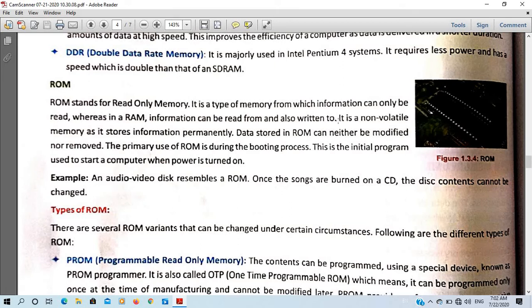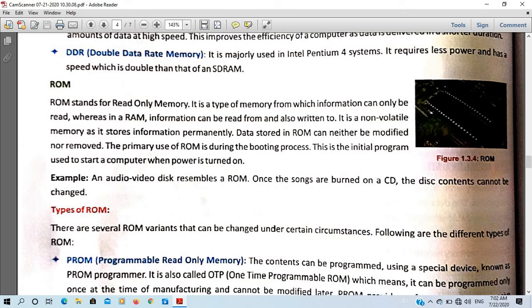Because data is permanently stored in the ROM. Here we don't need to refresh the data or store the data temporarily. A hard disk, a CD-ROM, and a ROM chip that is built into the motherboard are examples of ROM.